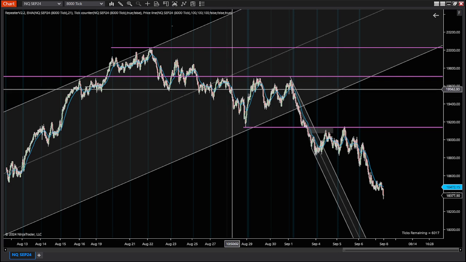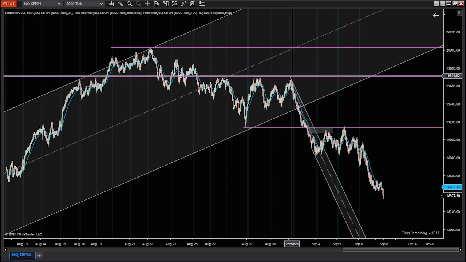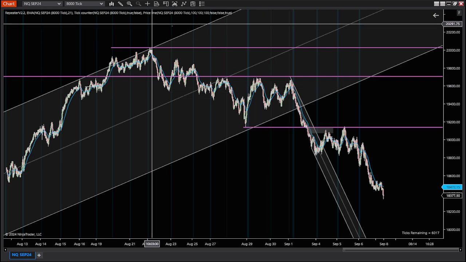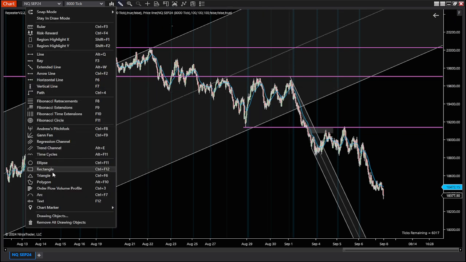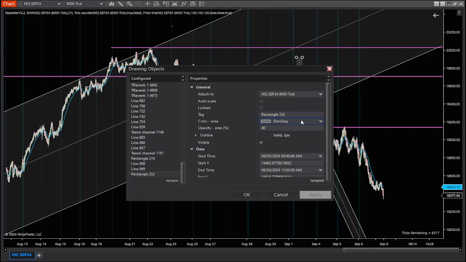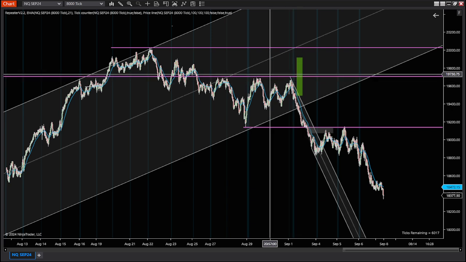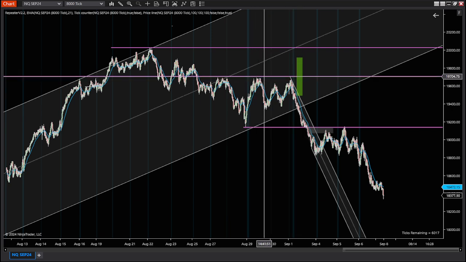So 28th breaks below, 29th holds below, right? Remember, I said, if you picture this as the daily chart, you don't want those candles closing above here. If you get the candles closing above here, you know you have to start reevaluating to see if this trade is still valid. But we held below that prior swing.